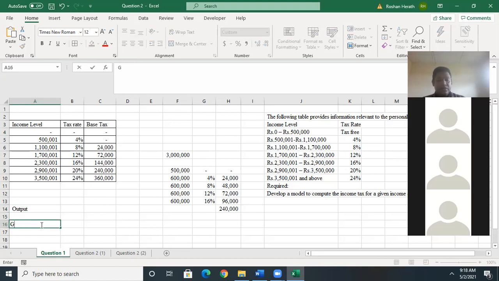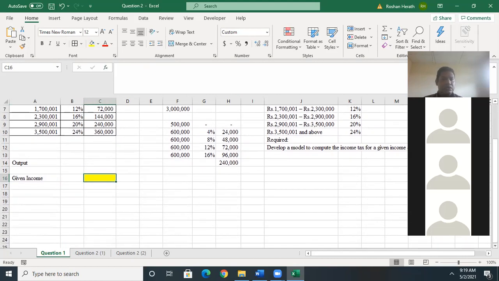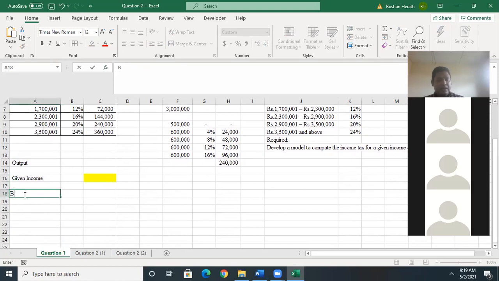So then as usual you can set the given income level. So you can get the given income level. So that is the data that you input. Then depending on that you can take this base income level. Then the additional income can be taken.